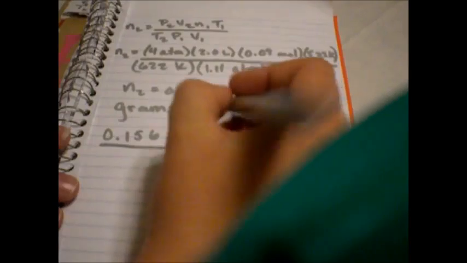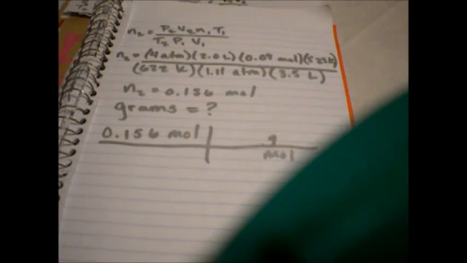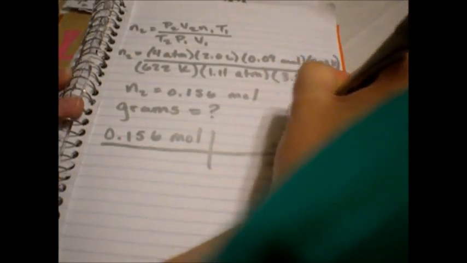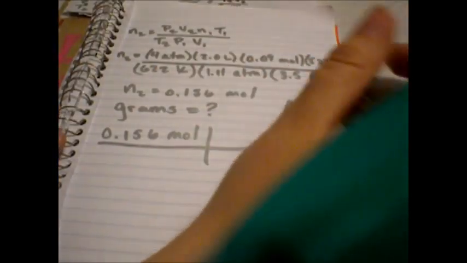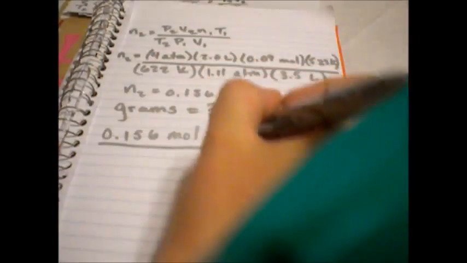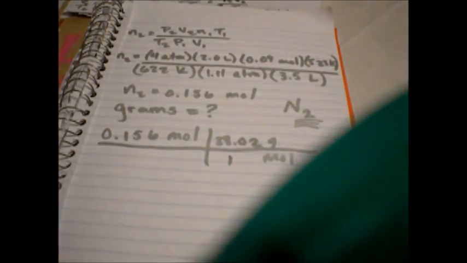And if we're going to cancel out moles and get grams, we're going to have to go with the molecular mass, the molecular weights, which, let's see, the problem said we were dealing with nitrogen gas. Nitrogen gas, please remember, is N2. Okay, nitrogen gas is N2 because nitrogen's a diatomic. It's in that little 7 on the periodic table, right? And nitrogen is 14.01 for 1 nitrogen, which means the molecular mass of nitrogen is 28.02 grams per 1 mole.